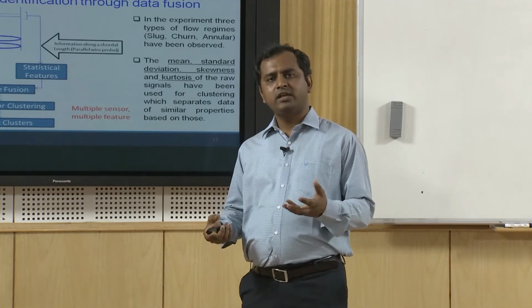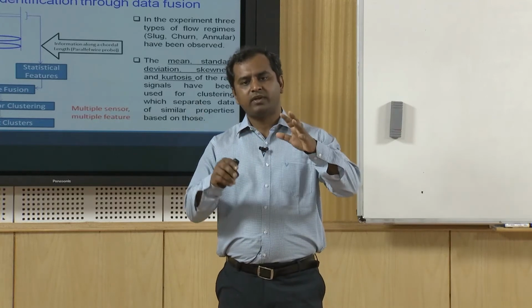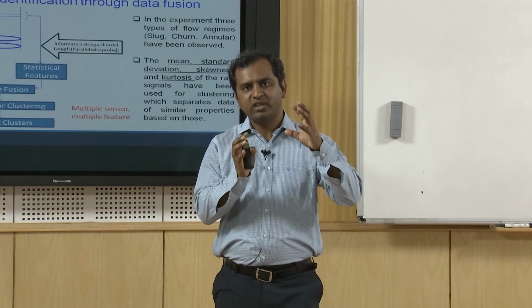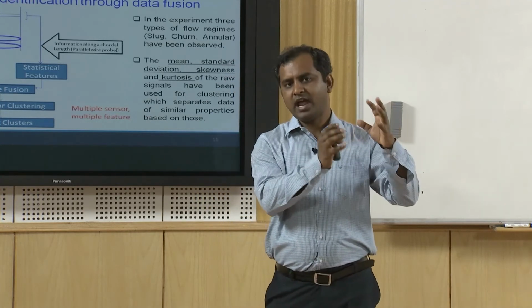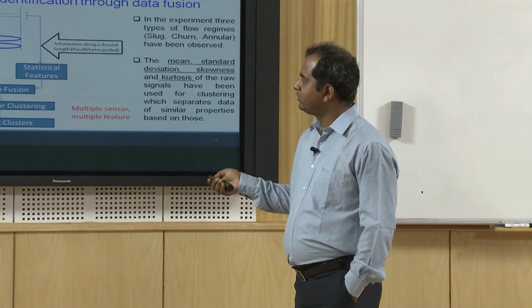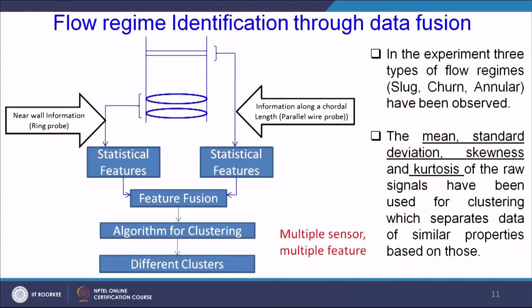What is clustering? After fusion, you will find that the fused data are of a wide range. So we need to clusterize similar types of signals and then plot them. This is called an algorithm for clustering: finding similar types of fused data and finally plotting different clusters in different places.